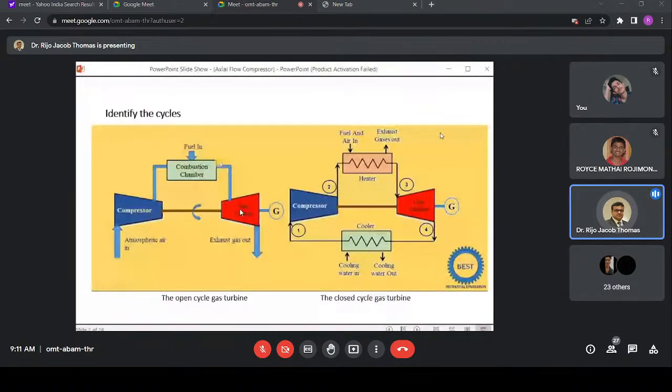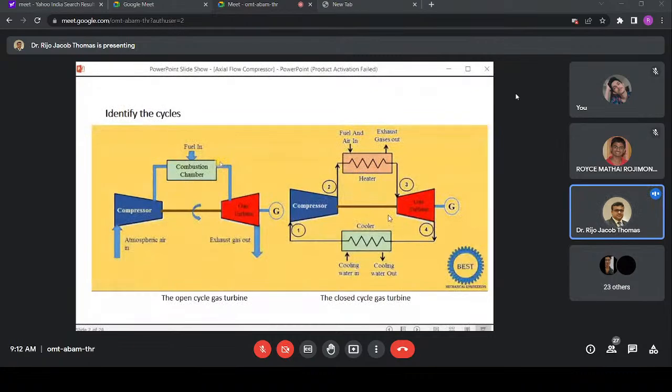If it is a closed cycle, the products of combustion are not coming in. There is only a fluid, generally helium or something, which will be heated, and that hot fluid only comes in contact with the turbine blades, whereas the product of combustion comes in and goes out. So it's not in contact with the turbine blade. So there is more life for the turbine blades in the case of closed cycle.